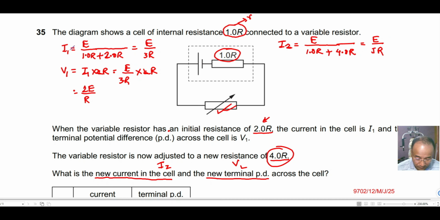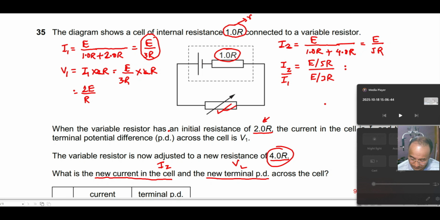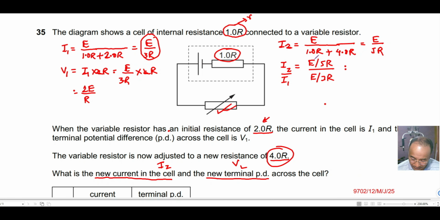So we have got I1 equal to this much, I2 this much. So if I take the ratio, I2 by I1 should be equal to E by 5R divided by E by 3R. So when I cancel those things, E goes, R goes, so it is 3 by 5, which is 0.6.